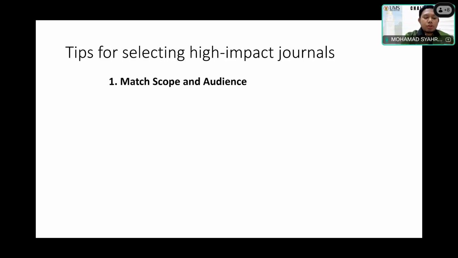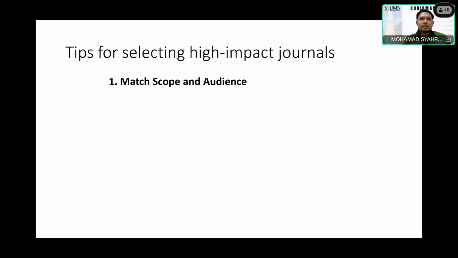First, of course, match. Make sure your manuscript matches the scope and audience. That's why when you submit your work to any journal, you have to provide the cover letter, right? So you have to state in your cover letter why your manuscript is best to publish in the journal.